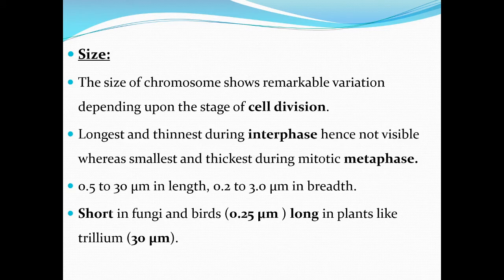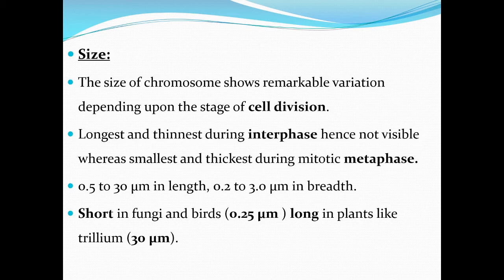Next point, the size of the chromosome. The size of the chromosome depends on the stage of the cell division. As we already studied, it is the longest and thinnest during the interphase, and that's why it is not visible in the interphase, whereas it is smallest and thickest during the mitotic phase.